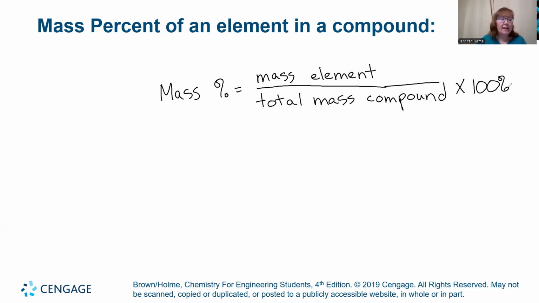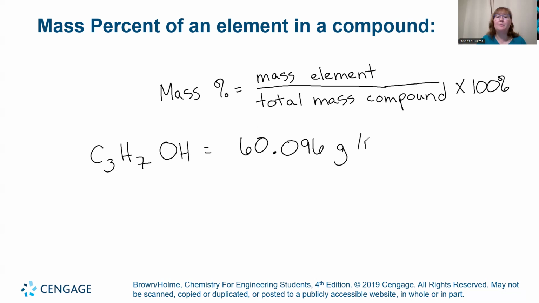Okay, so now let's take a look at, for example, that 2-propanol that we had before. So remember it was C3H7OH. And in our previous slide, we had found a molar mass of that of 60.096 grams per mole.